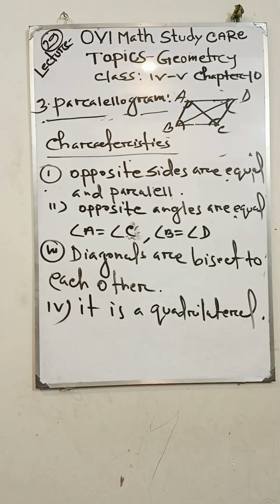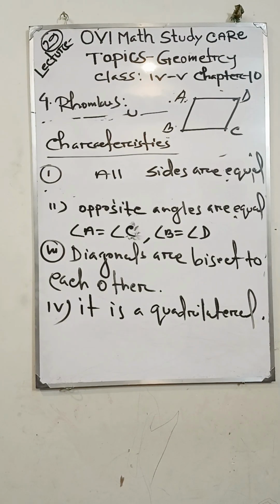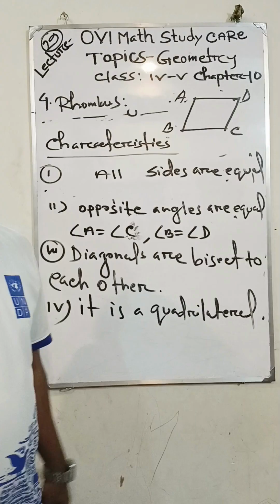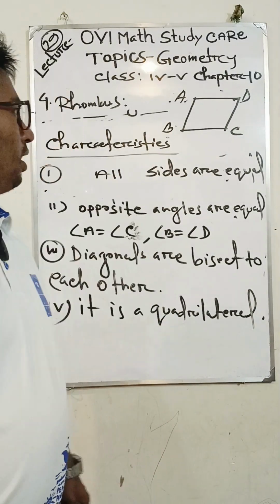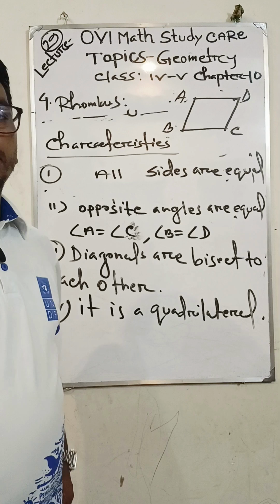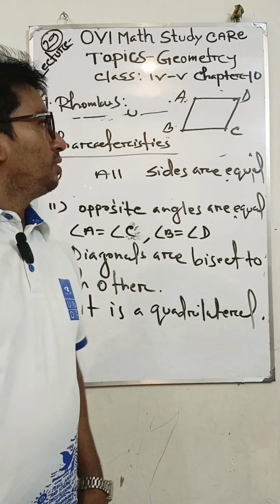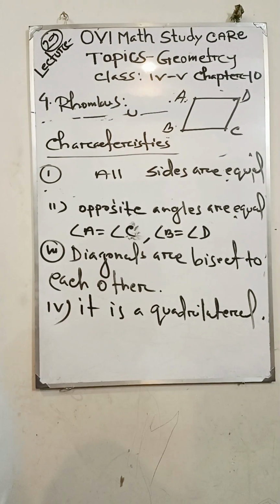Now, dear students, it is figure number 4, the rhombus. What is a rhombus? The quadrilateral whose all sides are equal is called a rhombus.